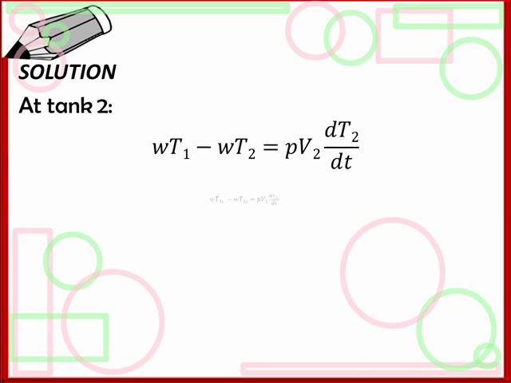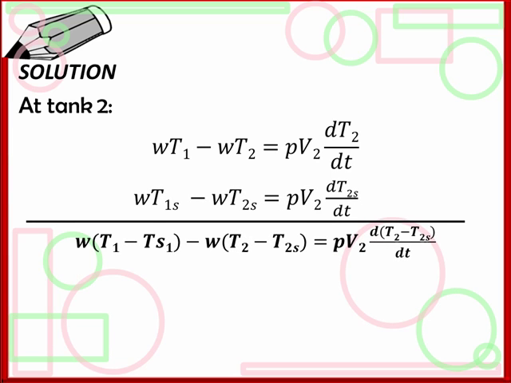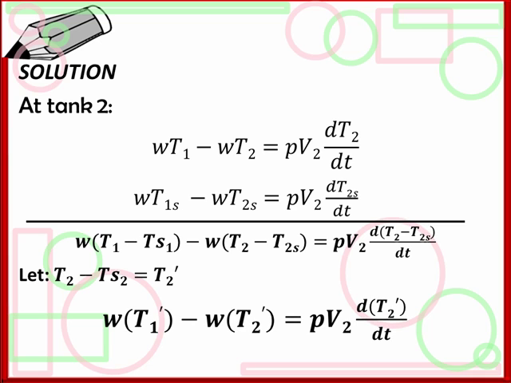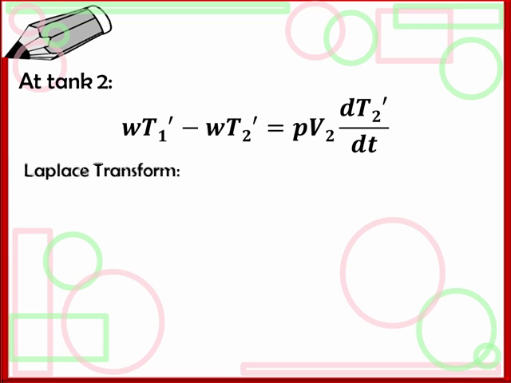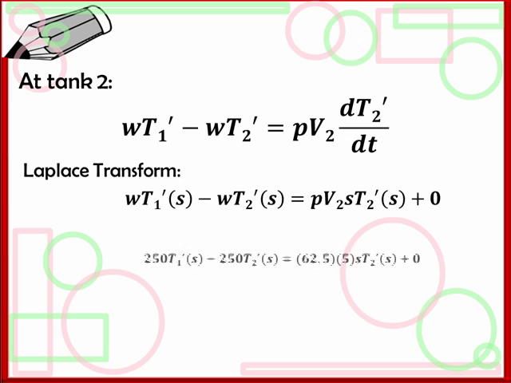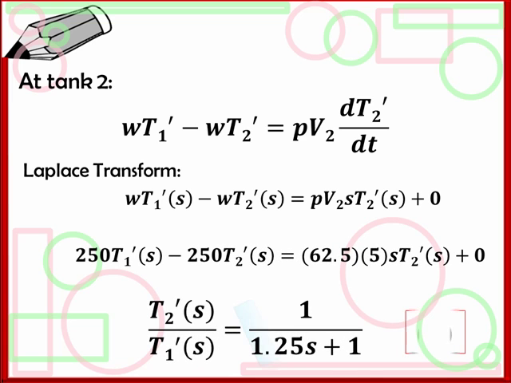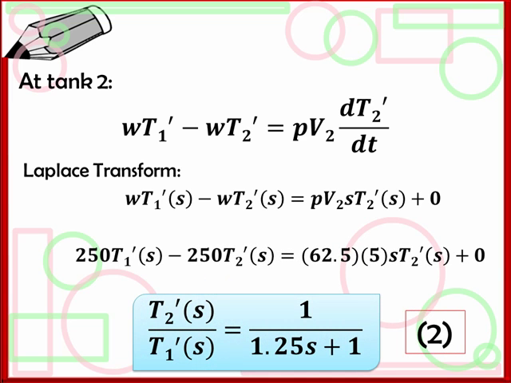Subtracting the two equations and providing the deviation variable T2 prime and substituting it into the previous equation, we get wT1 prime minus wT2 prime is equal to the density times V2 times dT2 prime over dt. Getting the Laplace transform and simplifying it, we get the second transfer function, which is the transfer function involving T2 prime and T1 prime.